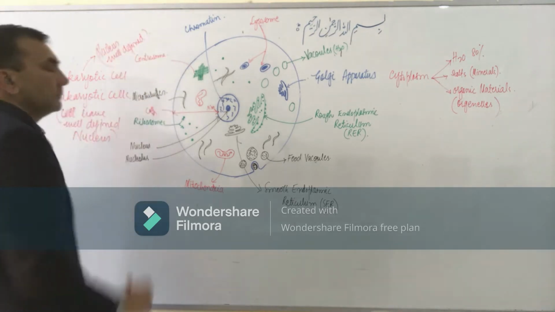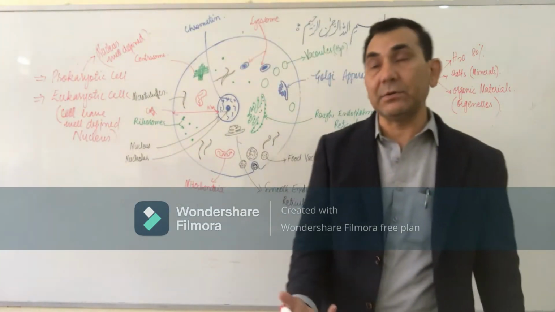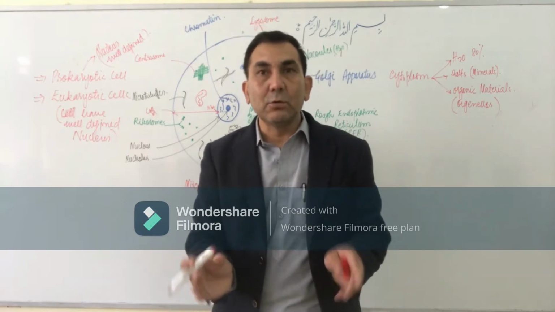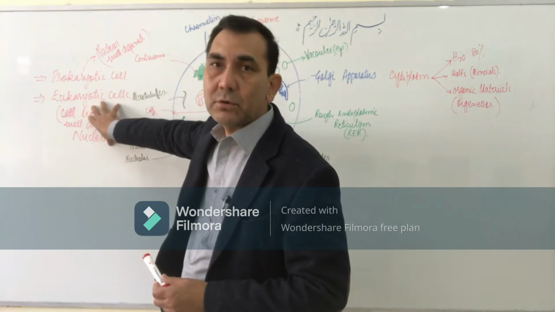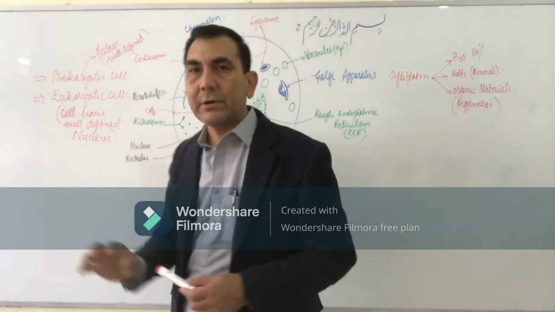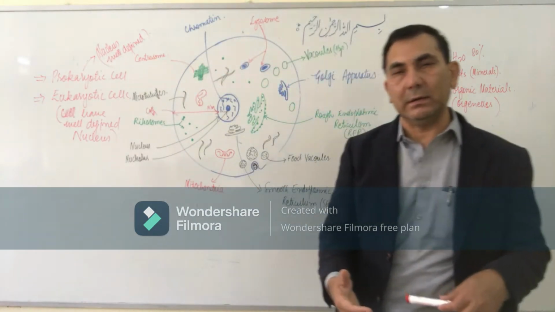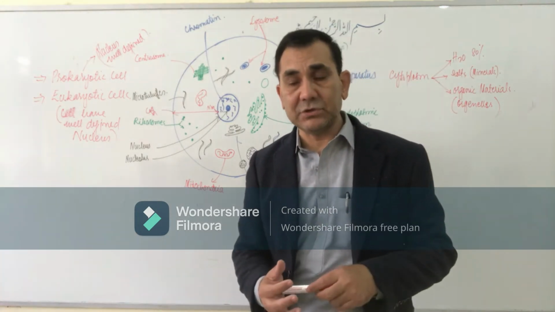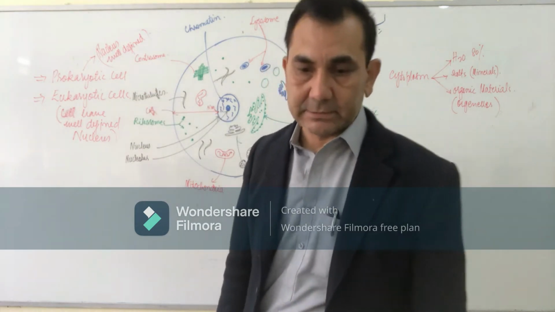Pro means primitive, and eukaryotic means in a good shape. So all animal cells are counted as eukaryotic cells, and prokaryotic cells are mostly unicellular organisms, or microbes, with a single-cell structure.